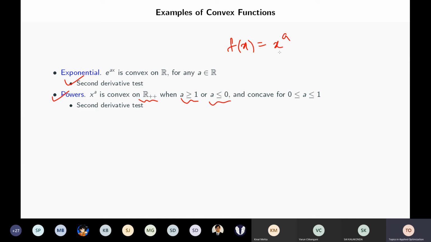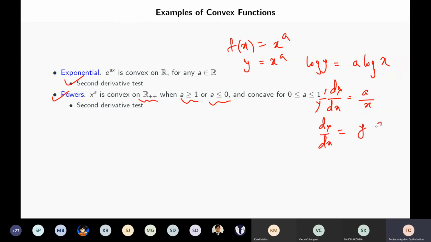If you recall from calculus, it may not be easy to take a derivative of this explicitly, so you may have to use the log. Let us say y is x to the a. So log y is a log x. So (1 by y) dy by dx is a by x. Okay, so dy by dx is y times a by x. So it is x to the a times a by x. This is how you get the first derivative.